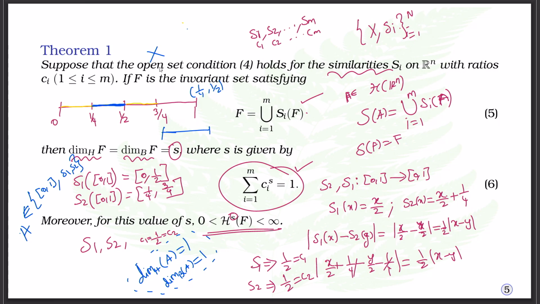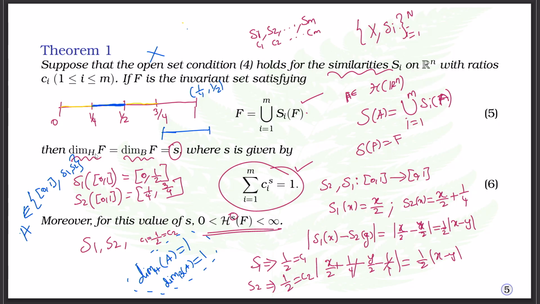That means if the open set condition is satisfied by the similarities, then the associated invariant set F has the same box counting dimension and Hausdorff dimension.